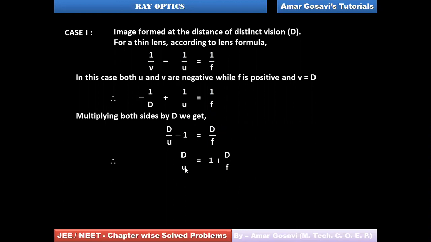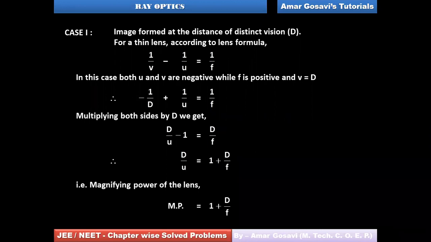That D by U can be replaced as 1 plus D by F, where F stands for the focal length. Therefore, the magnifying power of the lens can be written as 1 plus D by F. Please make a note of it. Very important step.